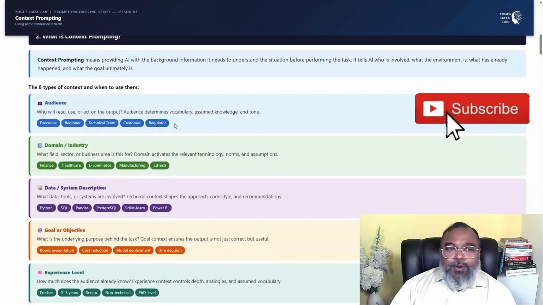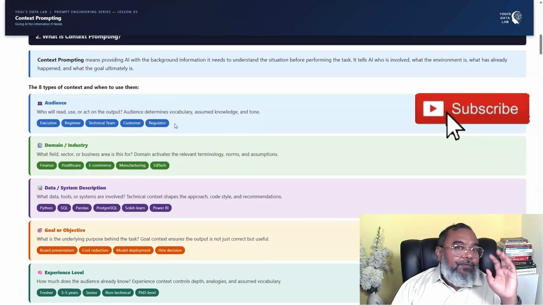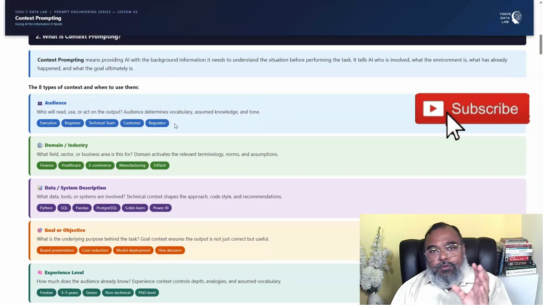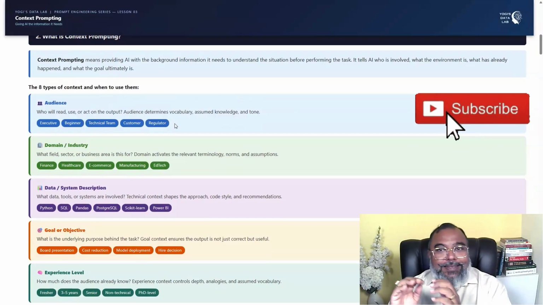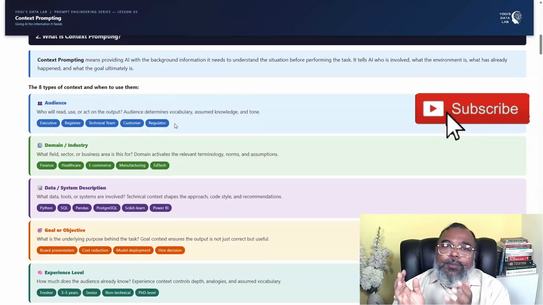Now, what is context prompting? Context prompting means you are providing the AI with the background information it needs to understand the situation before performing any task. So, we had given a task, so we had given a role. In the role, we went ahead and talked about seniority, we talked about the situation, we talked about how it has to respond. But I still didn't tell it about what is the story behind all of this.